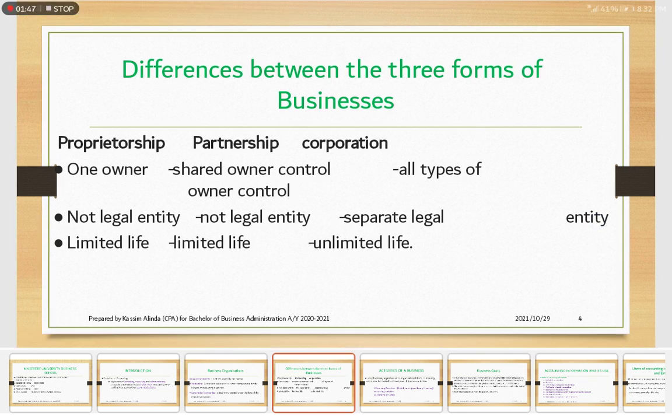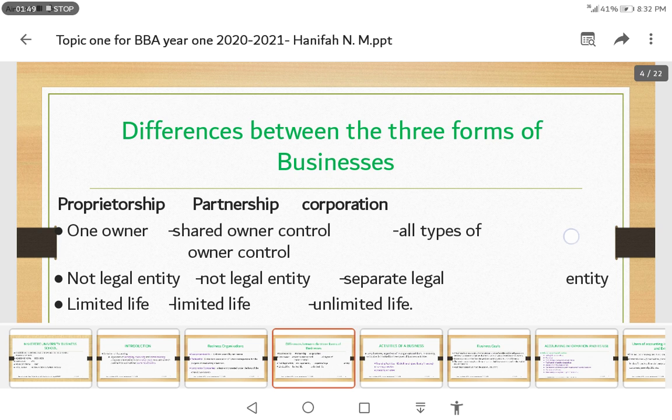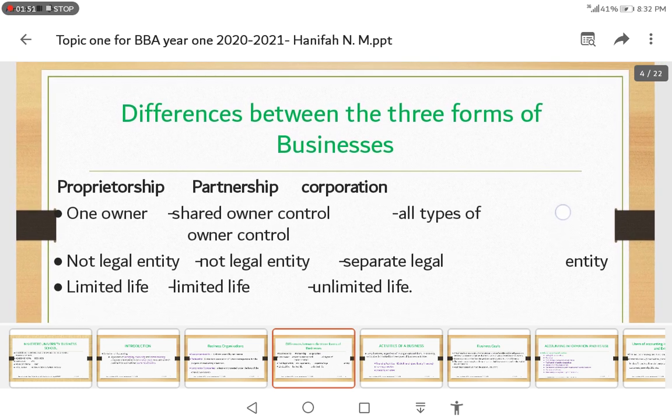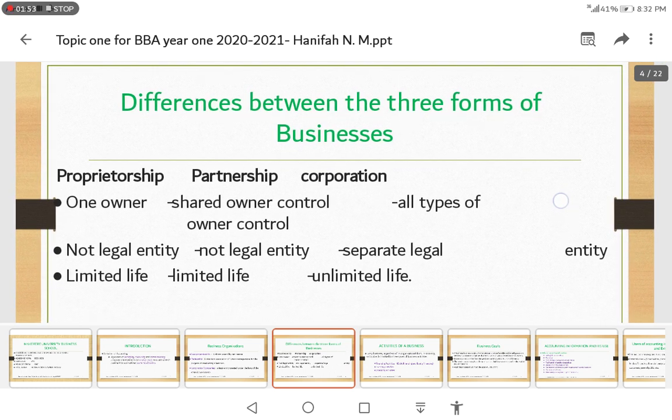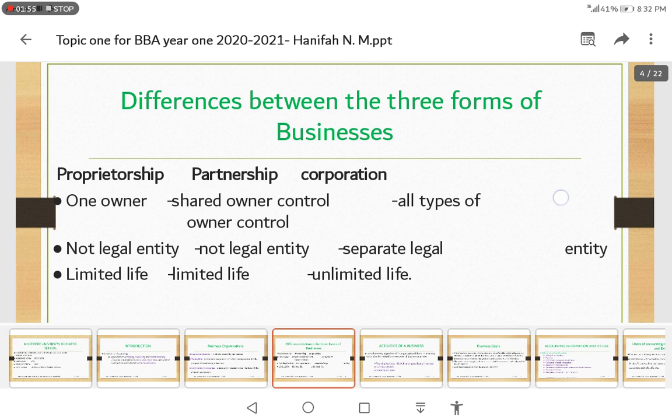Beginning with the proprietorship, there is one owner, it is owned by one person. Two, there is no separate legal entity, meaning the owner and the business are the same. The third one is limited life.